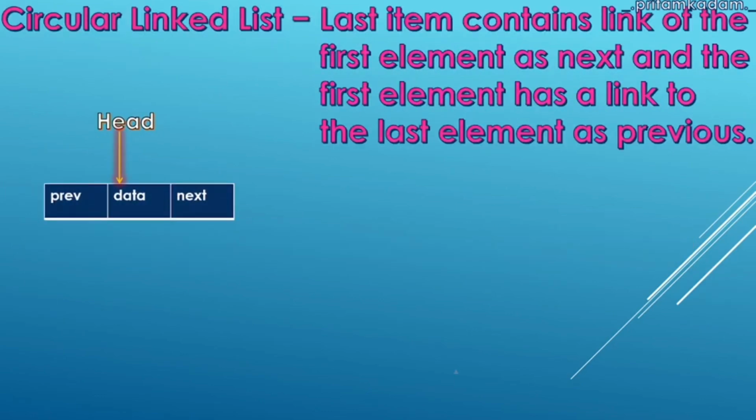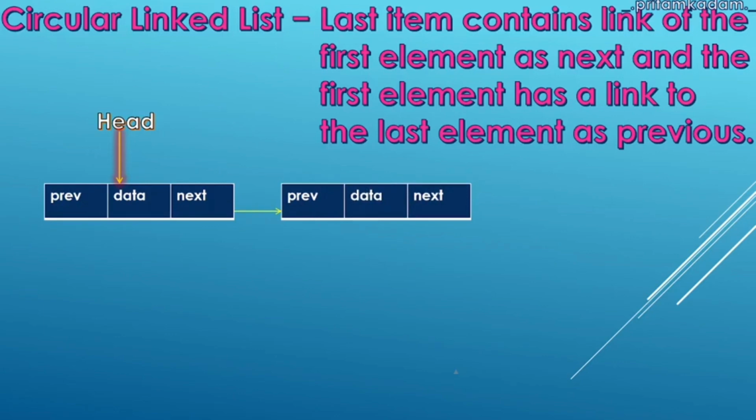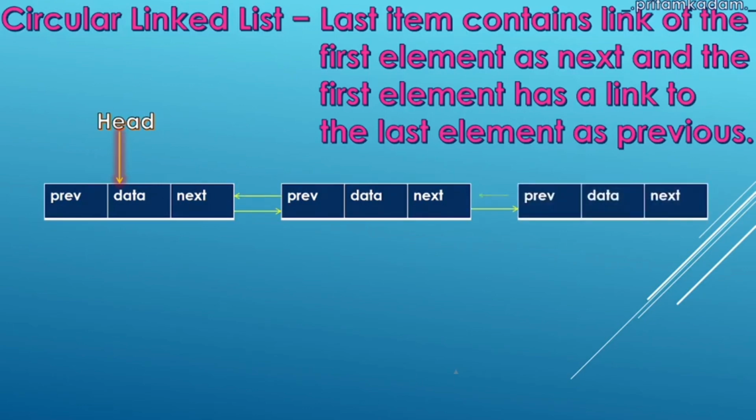Now let us go to the third part, that is circular, where the last item contains a link to the first element as next, and the first element has a link to the last element as previous. I will explain it in both, doubly and singly. So first of all, let us go to the doubly linked list part. This is the head. Okay, so its next will be pointing to the next pointer, and the second's previous will be pointing to the first one, and its next will be pointing to the third one.